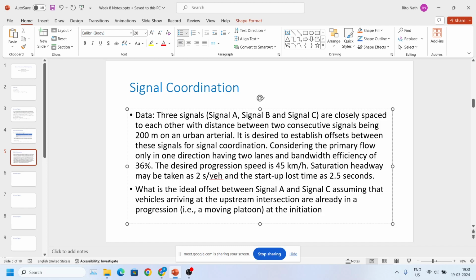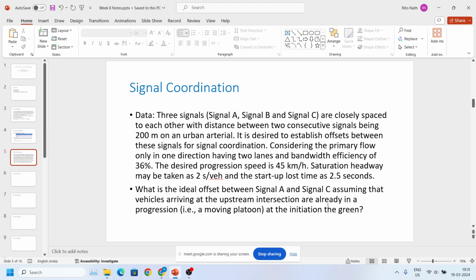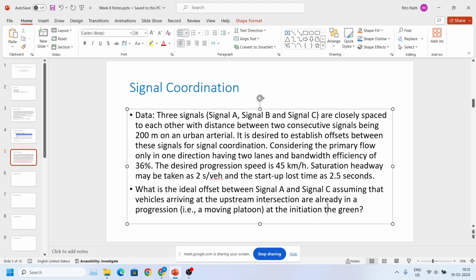The problem might feel a bit intimidating because there is too much information here, but let's solve it step by step. What is given to you is that there are three signals spaced at 200 meters. Now you have to check for the ideal offset between signal A and signal C. Their spacing is 200 plus 200, which is 400 meters.